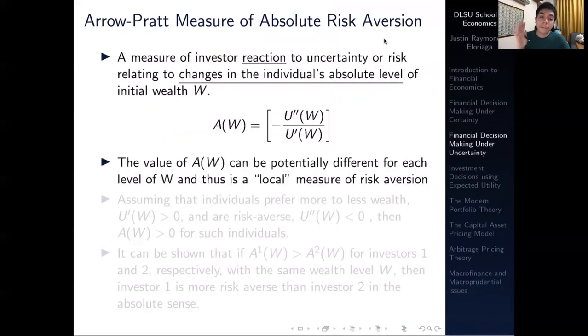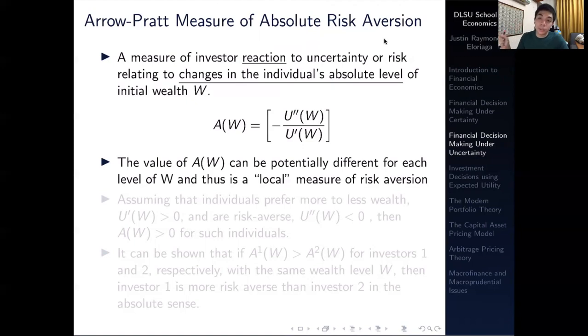Now, the value of the absolute risk aversion measure can potentially be different for each level of W. And this is why we refer to it as a local measure of risk aversion. Well, what do I mean by this? Say you want to compare two different investors on their degree of risk aversion.